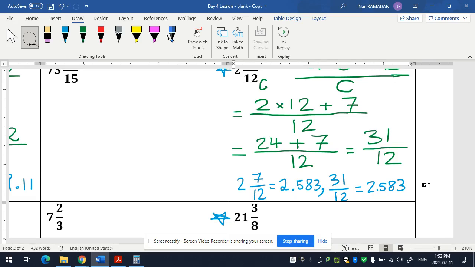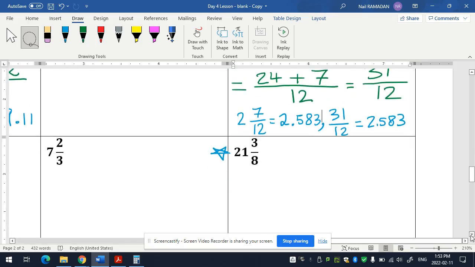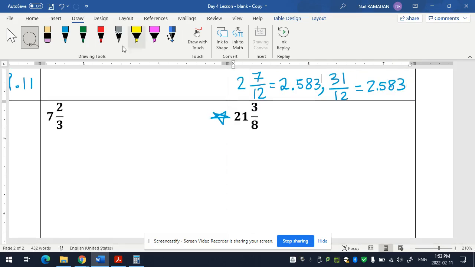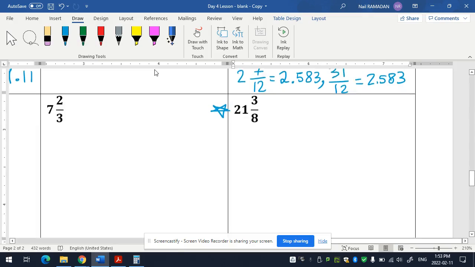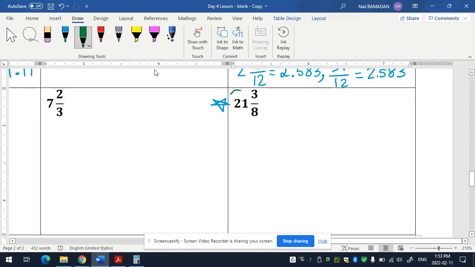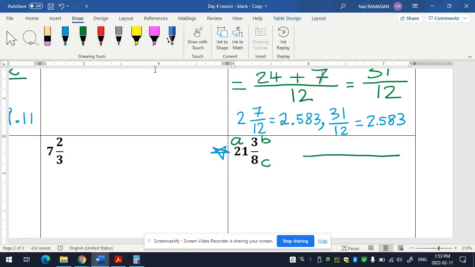Let's do the last one in this table, which is this one under it. Label again. A is 21, B is 3, C is 8. Again, write your equation.